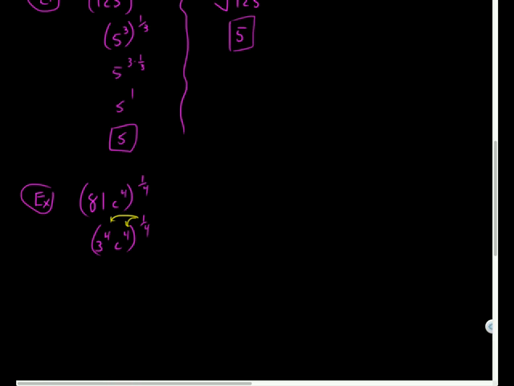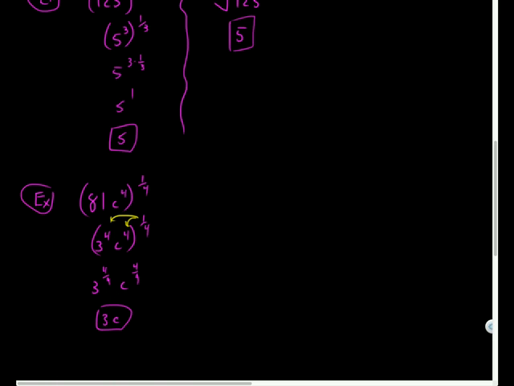Or I could take 4th roots if I wanted. So that would be 3 to the 4/4 times c to the 4/4, and that would be 3c, right? So that simplifies like so.